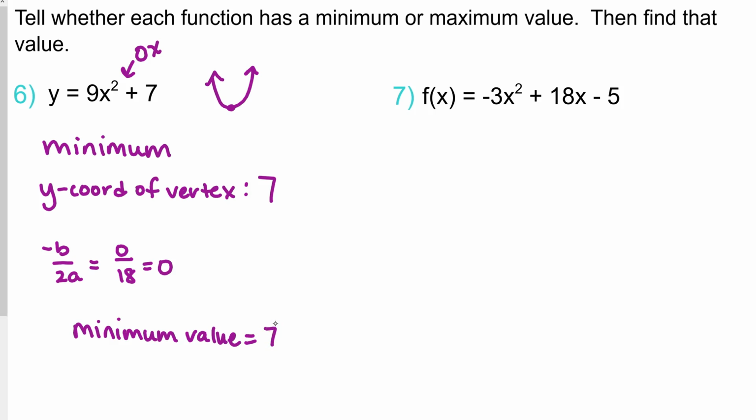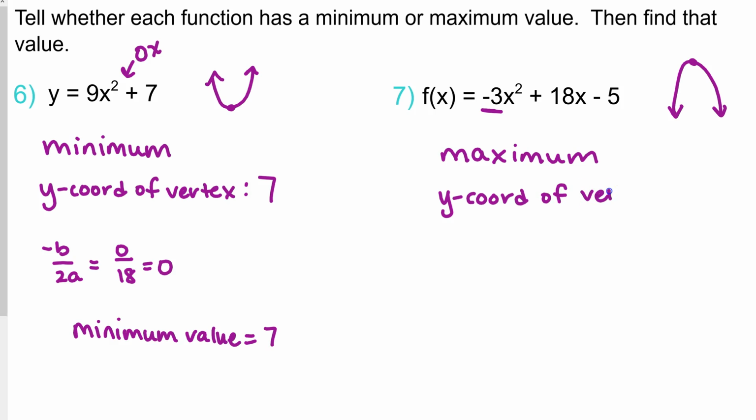And then for number 7, notice that we have a negative leading coefficient, so this parabola opens down. So that means that the vertex is going to be at the maximum point. And to find that maximum, we need the y-coordinate of the vertex. So we start by finding the x-coordinate.